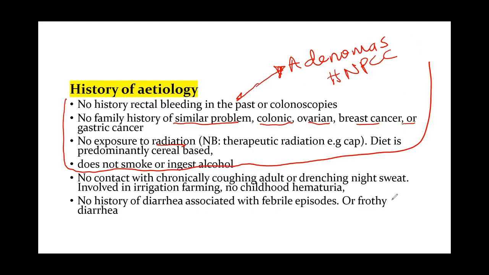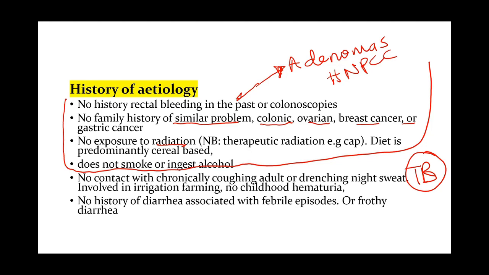Now, no contact with chronically coughing adults or drenching night sweat, tuberculosis, TB, okay? Tuberculosis of the large bowel will present with features that are similar to colon or rectal cancer.